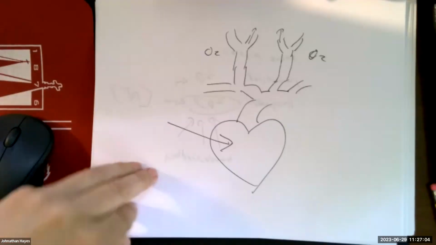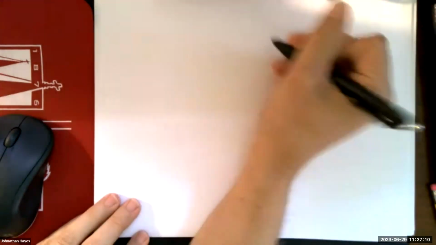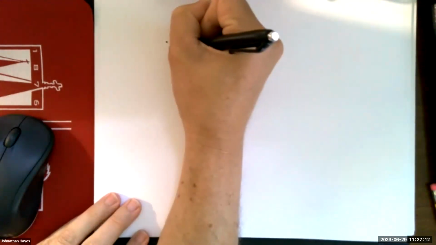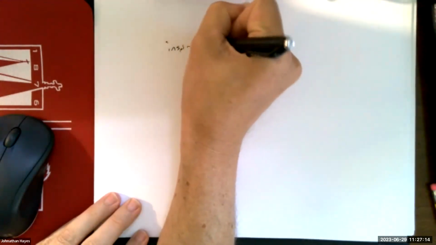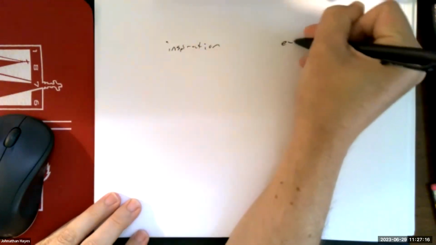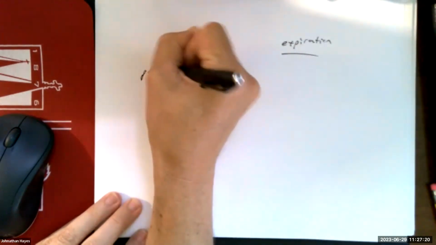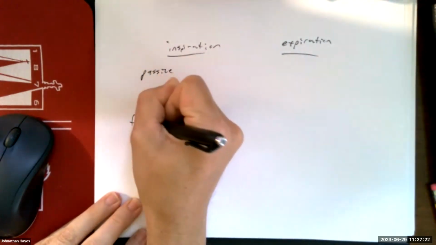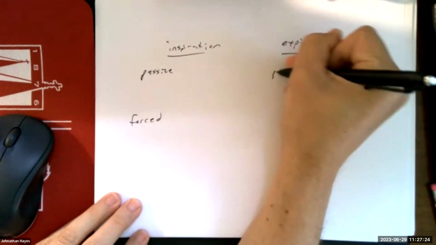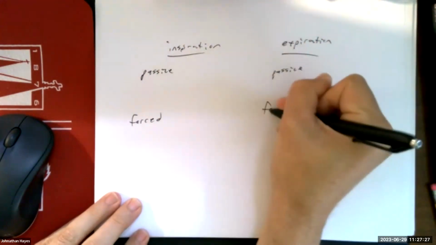So let's talk about that real fast, just in case anybody missed this the first time around. Inspiration or inhalation and expiration or exhalation can both be passive and forced.